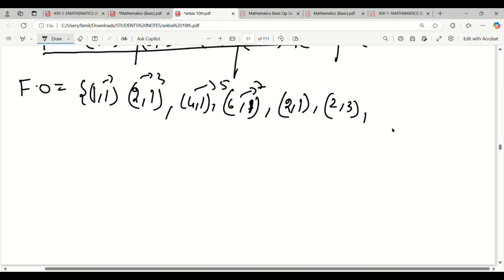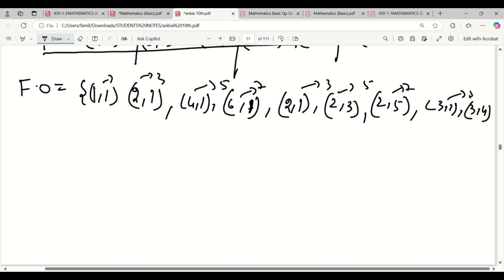Then 2 comma 1, 2 comma 2, 2 comma 3, 2 comma 4, no, 2 comma 5, 2 comma 6, no, 3, 5, 7. Then 3 comma 1, no, 3 comma 2, 3 comma 4, 5 and 7. See, the numbers which I'm writing on the top are nothing but their sum, okay, sum.